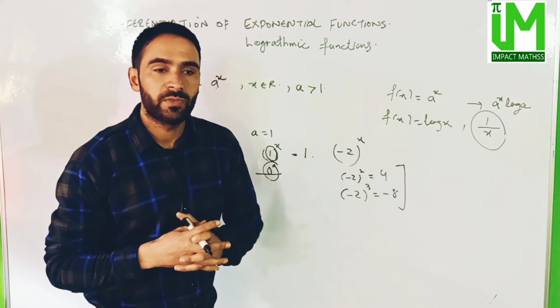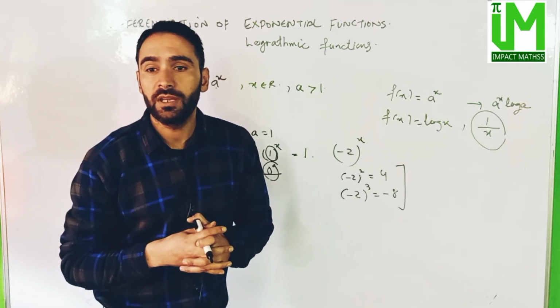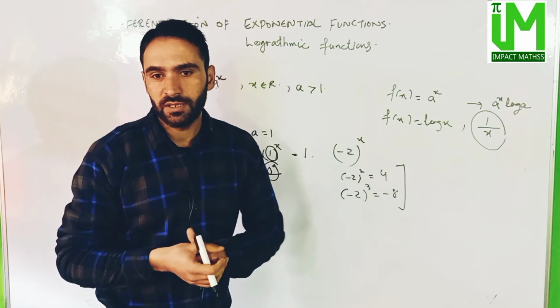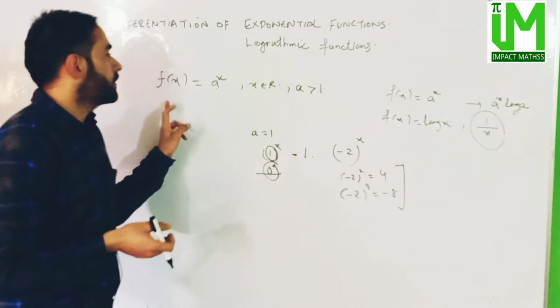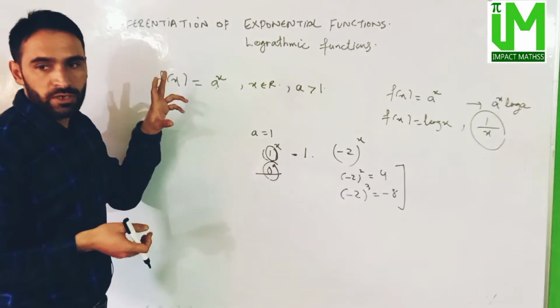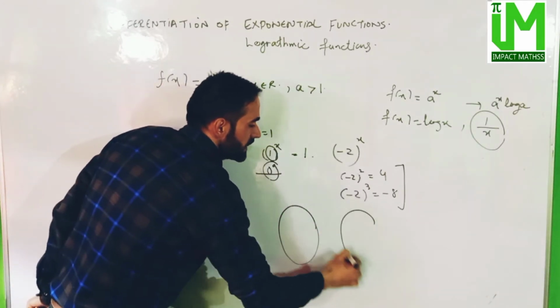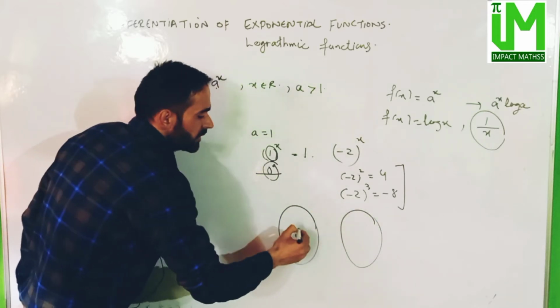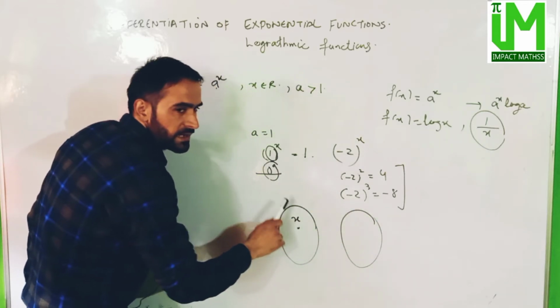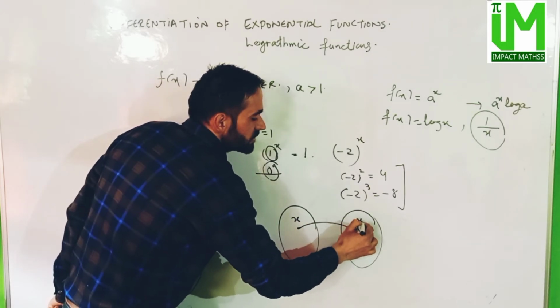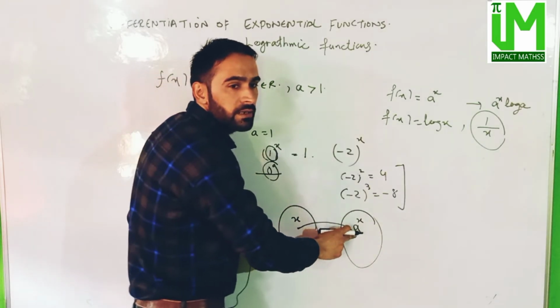So for an exponential function it is mandatory that we take the base as greater than 1. So when we have f of x is equal to a raised to power x, we have a function with a domain and codomain, where an element x is matched with the element a raised to power x, where a is any base.